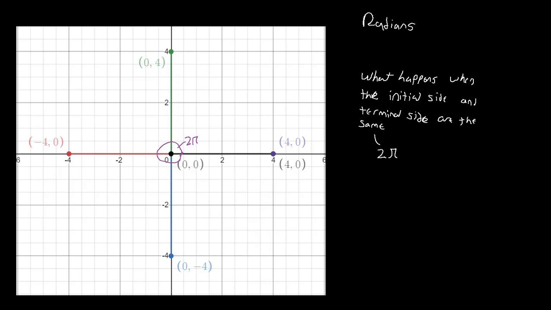Now, let's go back through and talk about our quadrant angles. What happens instead if we start here at the positive x-axis and we go to our first quadrant angle, which is the positive y-axis? Again, just like before, this is the same as going a quarter of the way around.